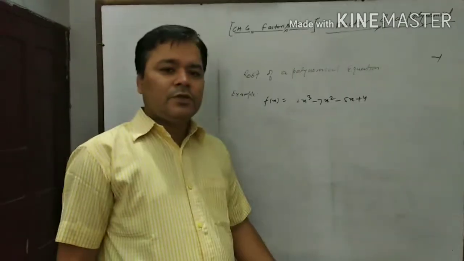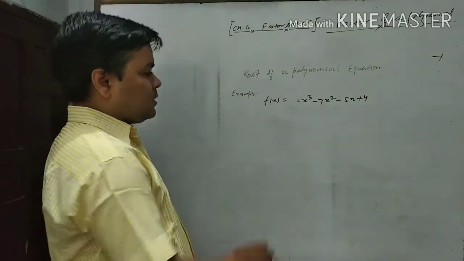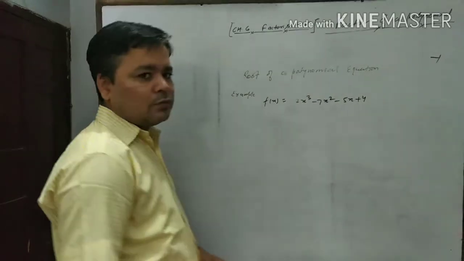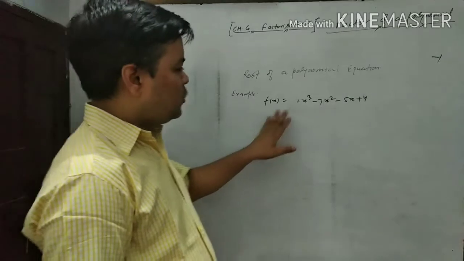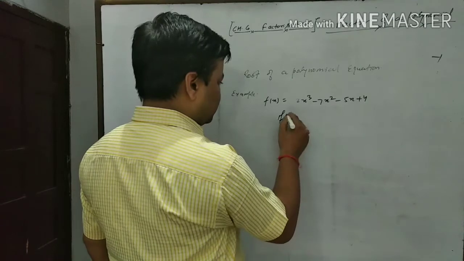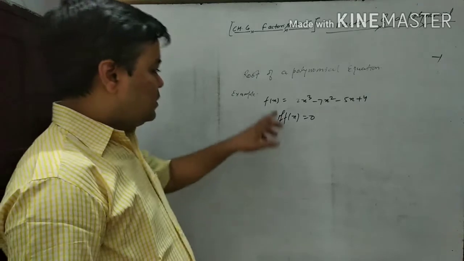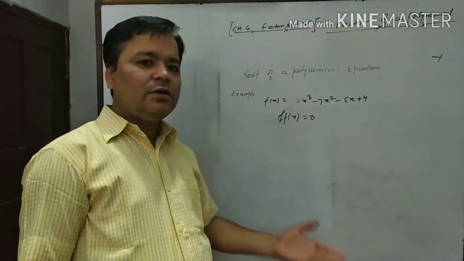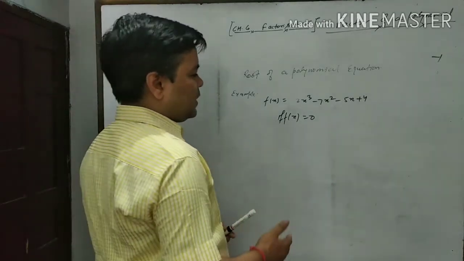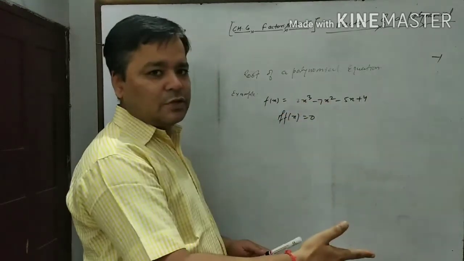To explain the roots of a polynomial equation, let us see one example. Let us take a polynomial f(x) is equal to 2x cube minus 7x square minus 5x plus 4. And we know that a polynomial will be a polynomial equation only if f of x is equal to 0. Now we should find for which value of x the value of f(x) is equal to 0.